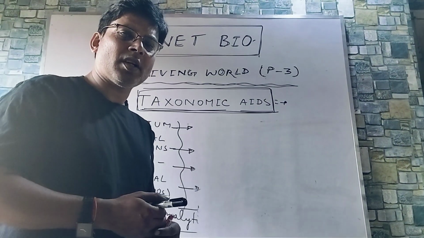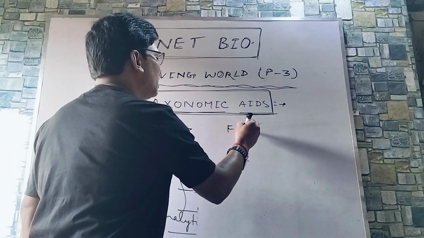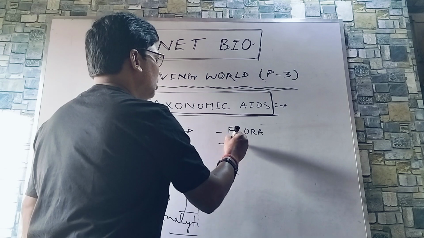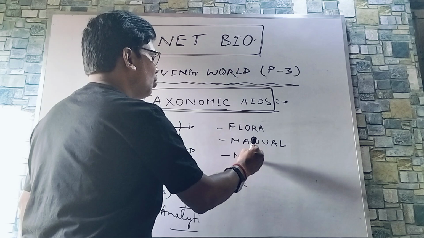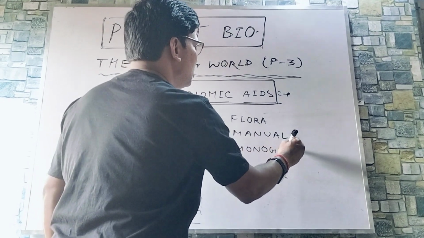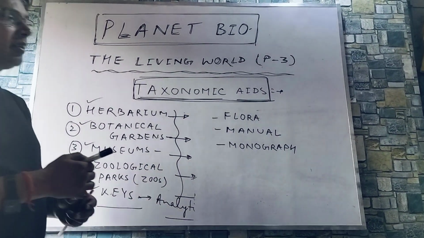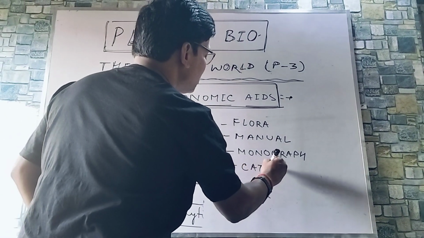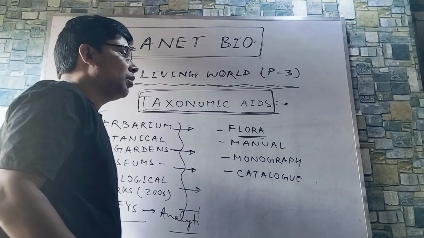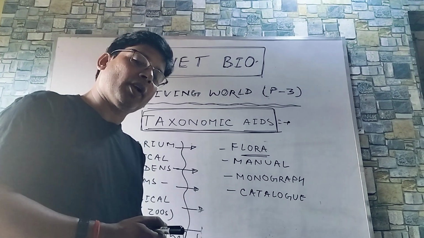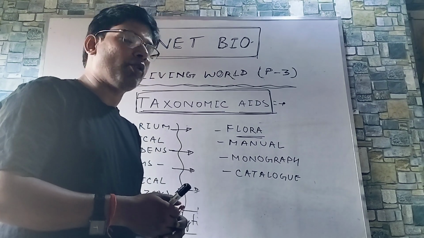Boys and girls, some biologists may use some more taxonomic aids, and you can write flora, manual, monograph, and catalog. First, what do you mean by flora? Flora means plants, fauna means animals, both unite together to form biota.